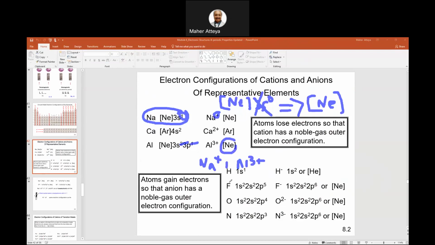Isoelectronic means they have the same electron configuration, which is neon, correct? Because you took all three electrons away, you came up to be neon. Took one of them, you came up to be neon. So this one here and this one here have the same identical electron configuration.